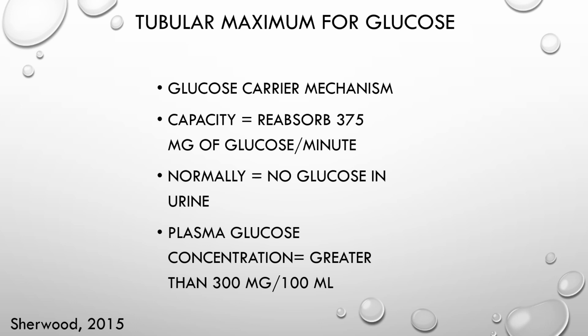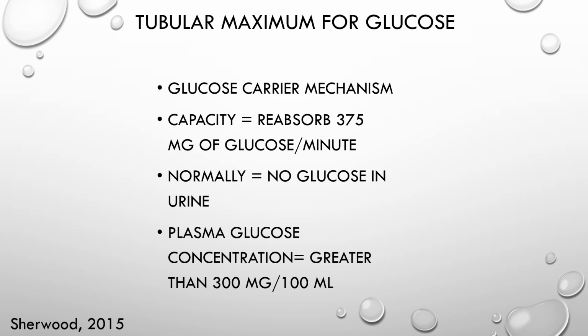The tubular maximum is not reached until the filtered load of glucose exceeds 375 milligrams per minute. When the tubular maximum is exceeded, there is more glucose filtered per minute than can be reabsorbed. The maximum quantity is reabsorbed and the remaining glucose remains in the filtrate to be expelled.